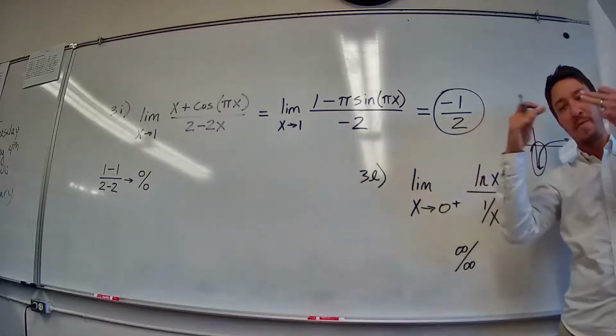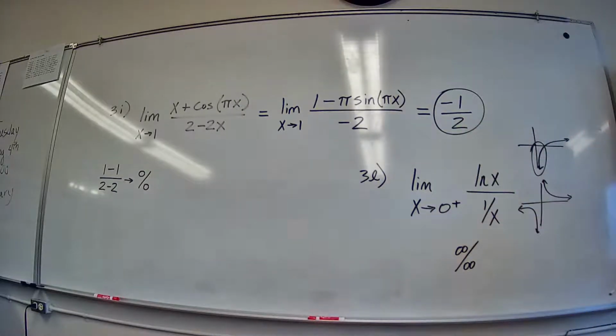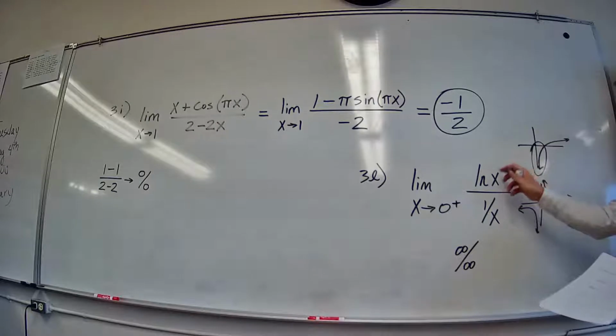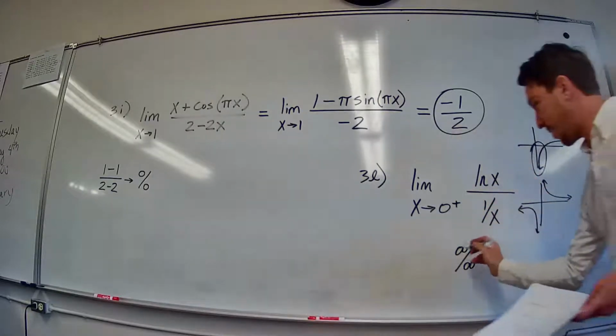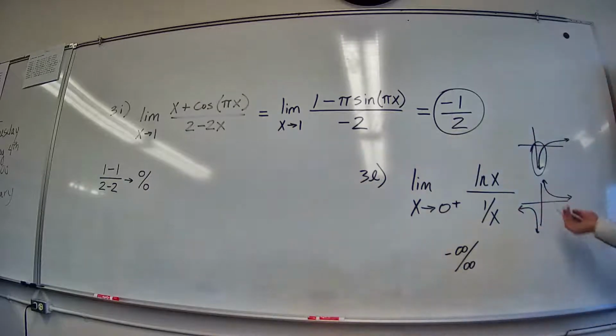Remember, with limits you have to approach from the left and from the right. But you can argue that you can infer there should probably be a little plus there. So now the hand waving argument is to show that L'Hopital could be applied here because they're both approaching infinities. Granted, this one is approaching negative infinity and this one positive infinity, but the same idea holds.